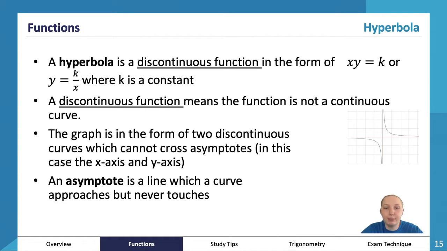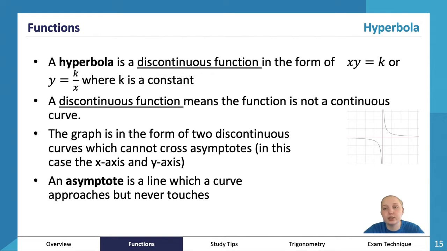A hyperbola is a discontinuous function in the form xy equals k or y equals k on x, where k is a constant value. Essentially, a discontinuous function pretty much just means there are two segments of our function, and that there are going to be some values for x or y.